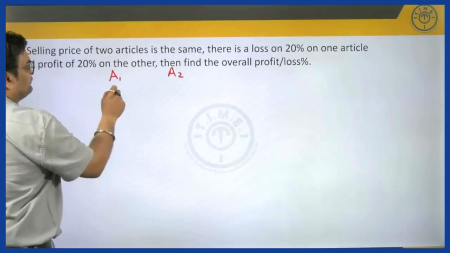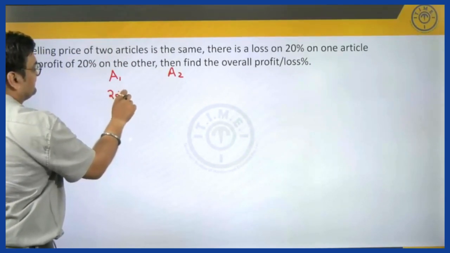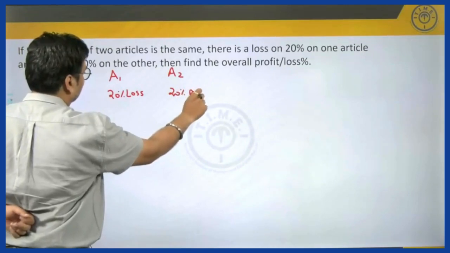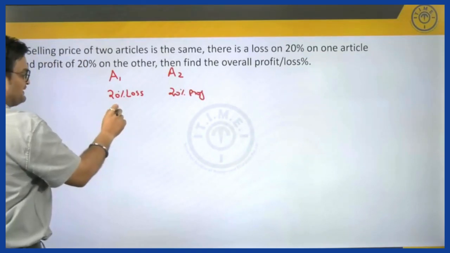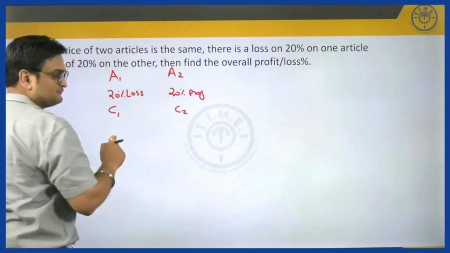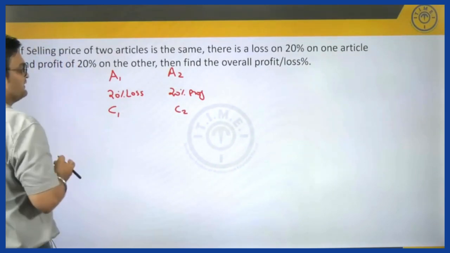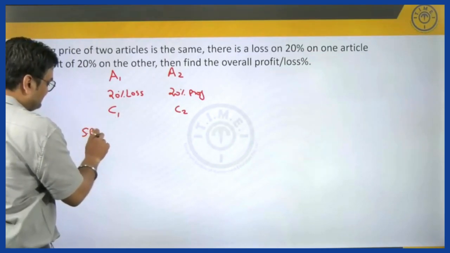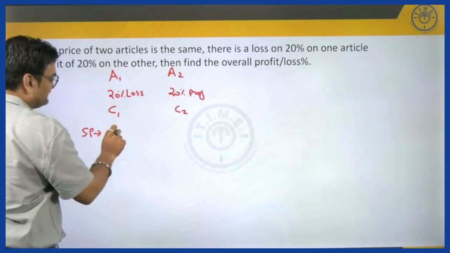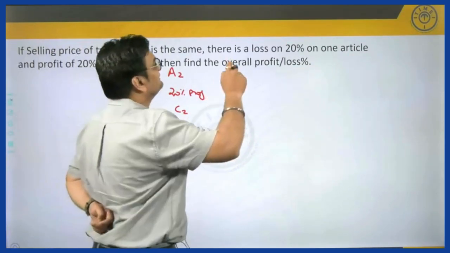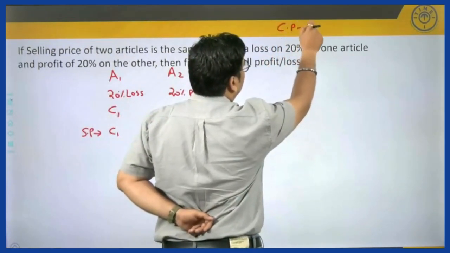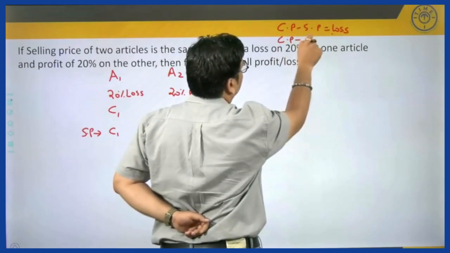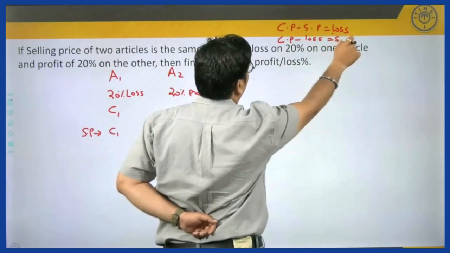Now on one there is a loss of 20%. On the other there is a profit. Let's assume their cost prices are C1 and C2. So if your cost price is C1, can I say if you incur a loss of 20%, your selling price will be how much? Cost price minus loss is going to be the selling price.